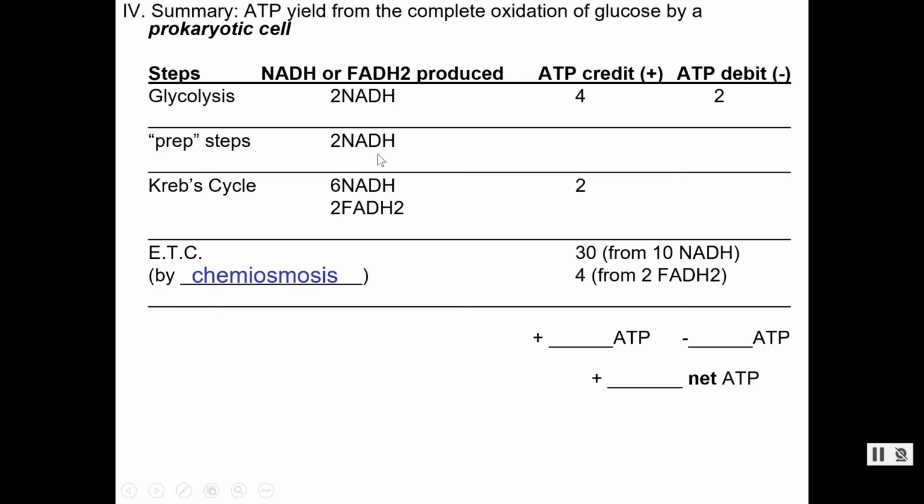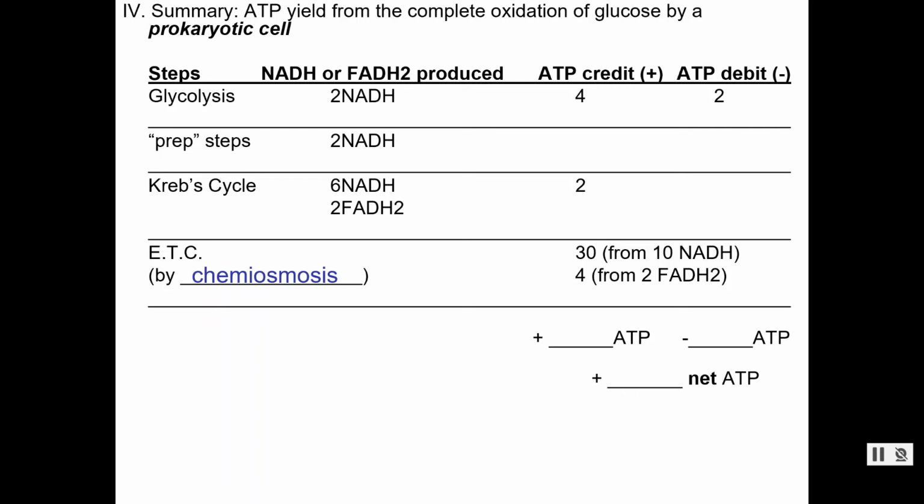All right, so prep steps, no ATP was made, but we did have some oxidation reduction. So we have some oxidation occurring. We had 2 of those. Krebs cycle, if you go back and count, there were 3 times in the Krebs cycle where we made NADH and 1 time where you made FADH2. Go back and look at that picture. You really need to.